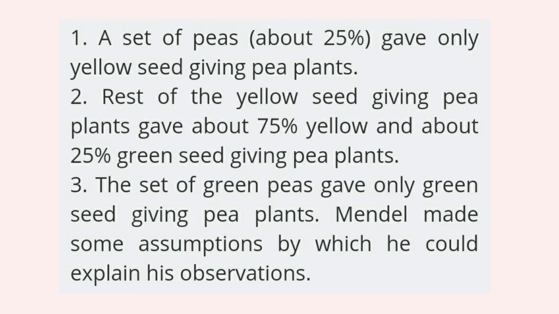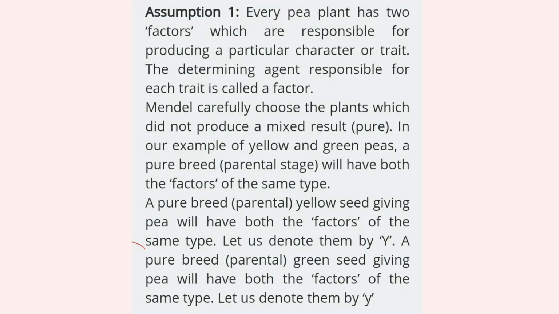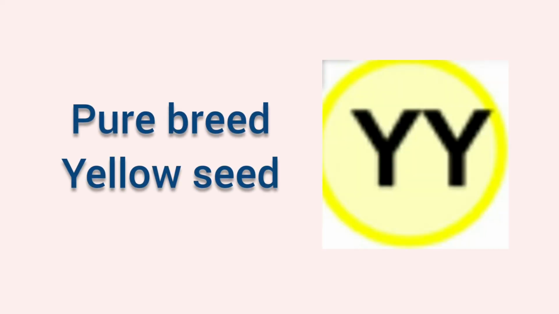From these observations, Mendel made some assumptions. The first assumption is that every pea plant has 2 factors responsible for producing a particular trait. These factors are what we now call genes. In our example of yellow and green peas, the pure breed parents will have factors of the same type.